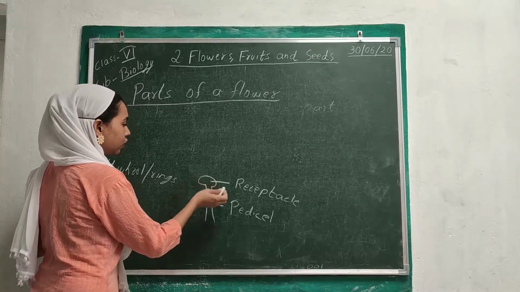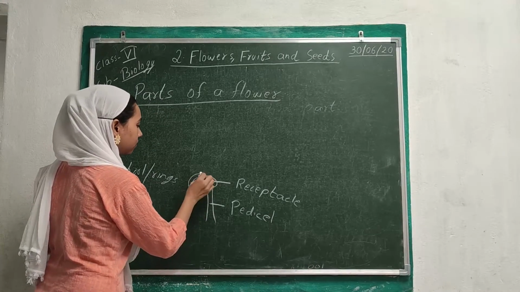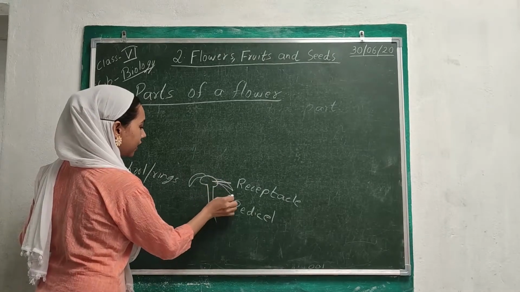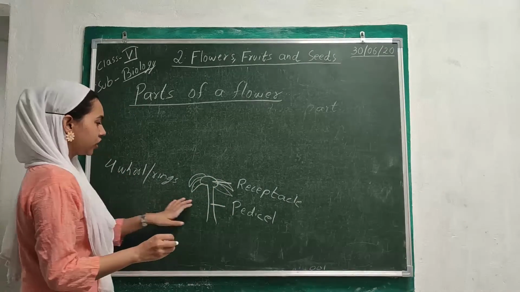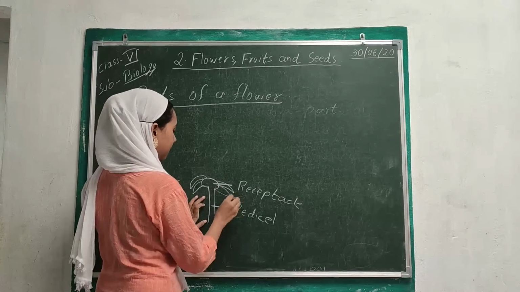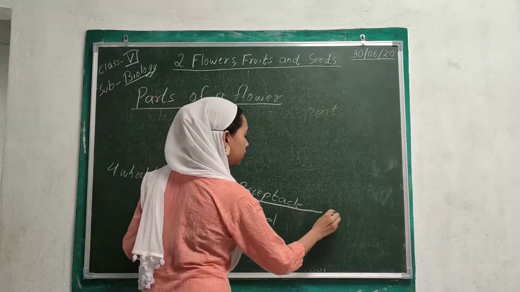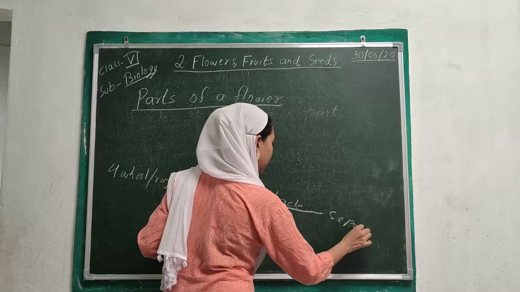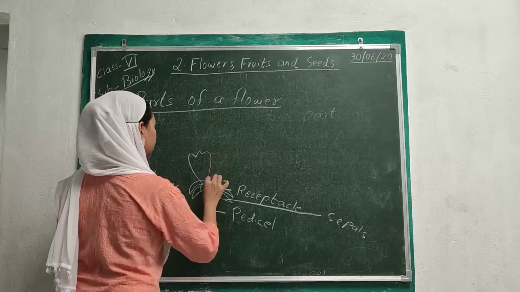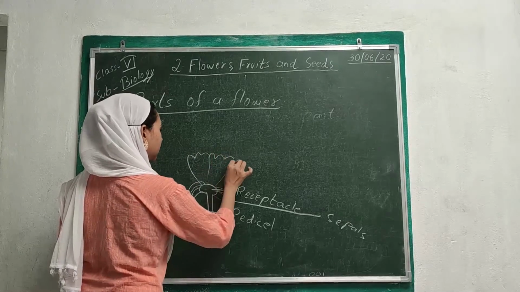At the lowermost whorl are the sepals. You'll find leaf-like structures here, which are green in color. These are known as the sepals. Then you have very beautiful, bright petals here.